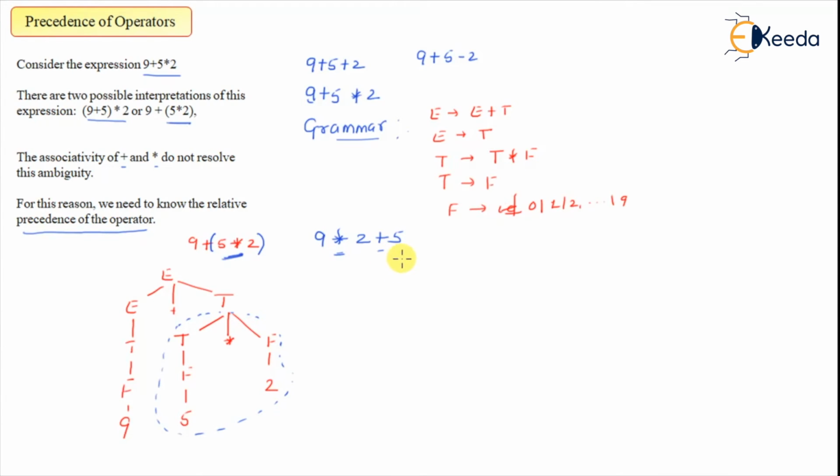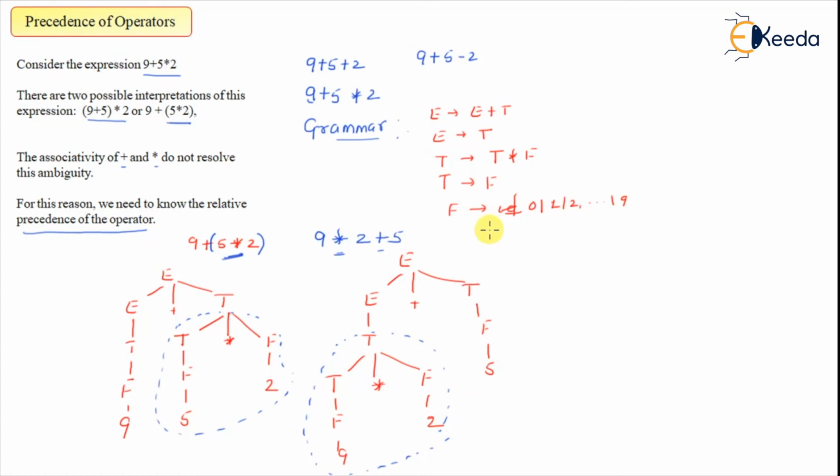So let's draw this parse tree. E derives E plus T, then E will derive T, then T will derive T star F, and T to F, F to number 9, F to number 2, and T to F, F to number 5. Now the situation has changed a bit, and the multiplication is a part of a subtree, but the subtree will be evaluated first.